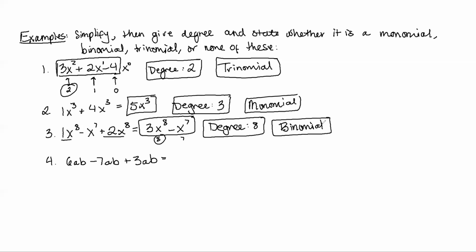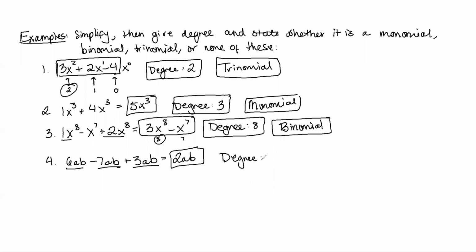And finally, the last one here. These have an ab in every single term. So we can actually combine all of these. 6 minus 7 is -1, plus 3 gives us 2ab. So the degree of this one, you have to be a little bit more careful.